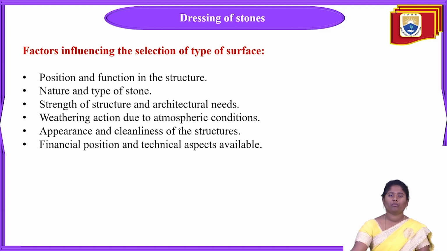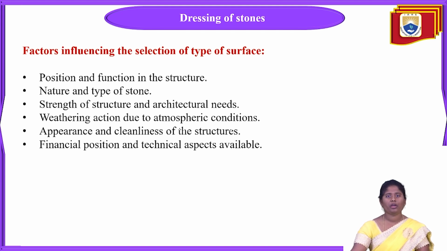And in this one, what are the factors which influence the selection of the type of surface? For dressing of stones, the selection of the type of surface is very important, whether the surface of the stone will be irregular or smooth. What are the factors that influence it? The first one is position and functioning in the structure.